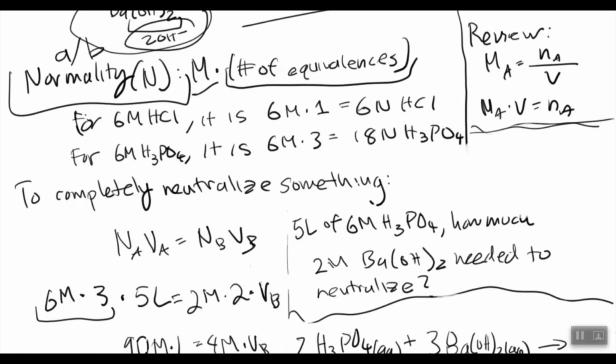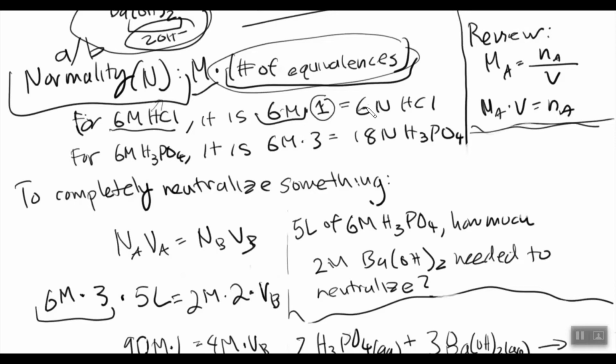So let's find the normality for 6 molar hydrochloric acid. That's just the molarity of the acid times the number of equivalences. Well, HCl has one H plus, which can react with exactly one OH minus. So since HCl reacts with one OH minus, it has one equivalence. So that's 1.